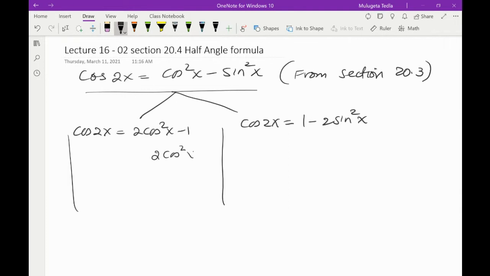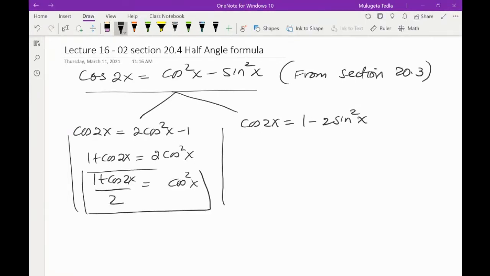2 cos squared x, you can take the 1 to the left-hand side: 1 plus cos of 2x, and then divide by 2. Cos squared of x equals (1 plus cos of 2x) divided by 2. This is the first half angle formula for the cosine squared. In here, I can solve for sine squared as much as I did for the cos squared.